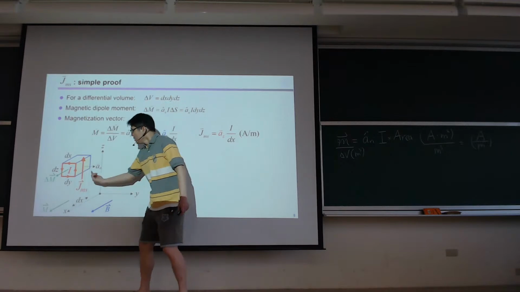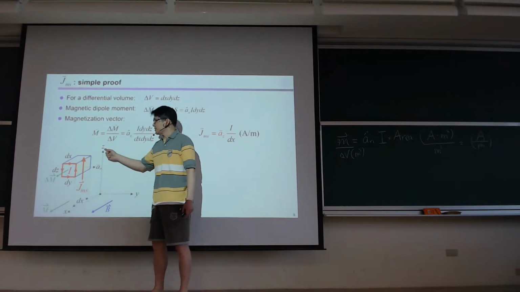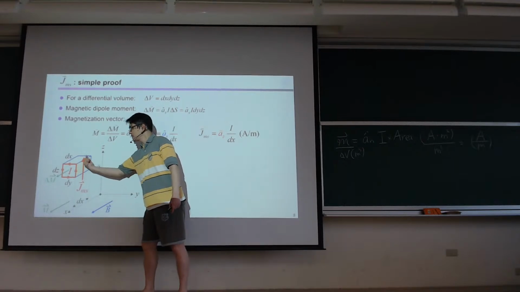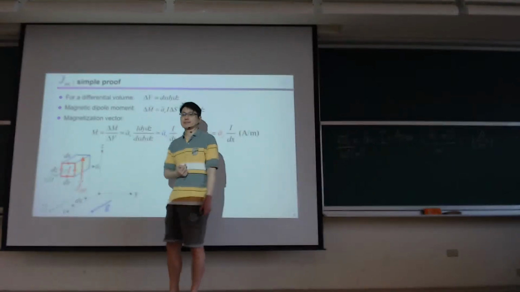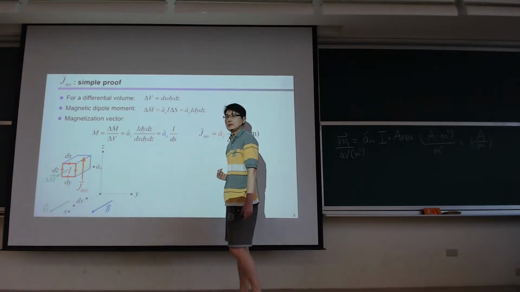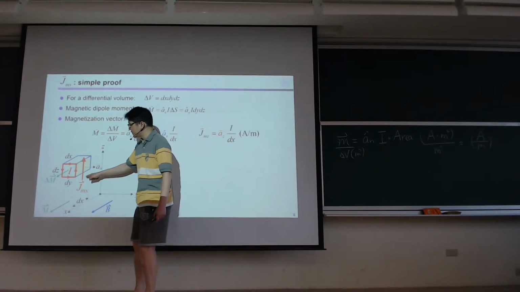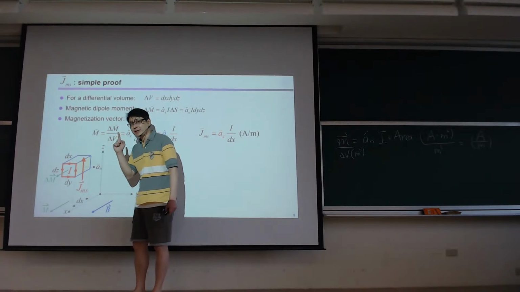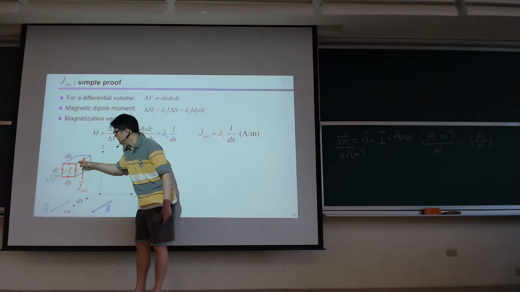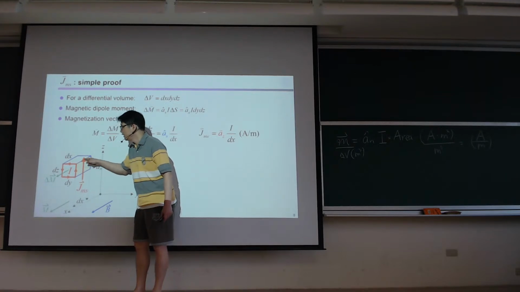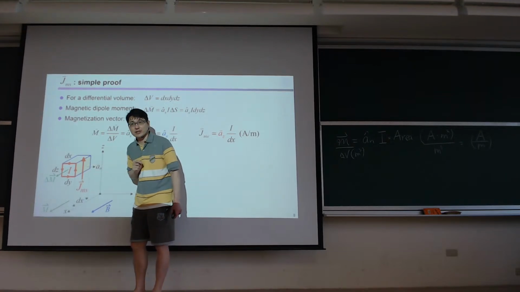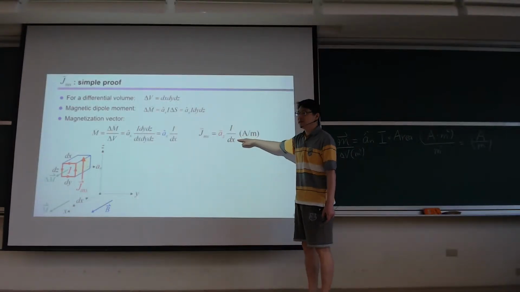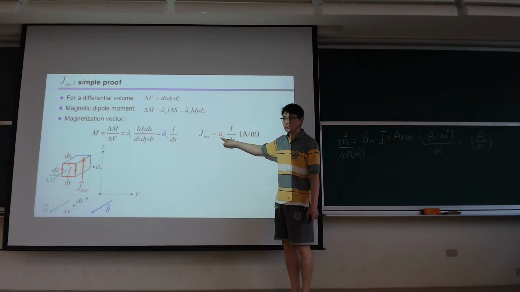But this direction is obviously not in the x direction, but in the z direction. So how do we formulate this one? Basically, the line current density is I divided by the length in the x direction. So this is I divided by dx, and in the z direction.